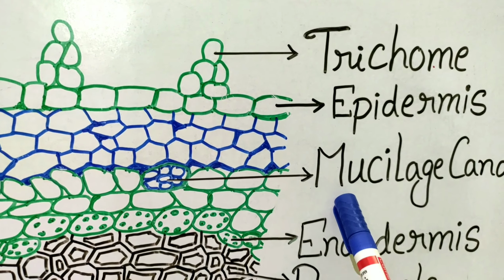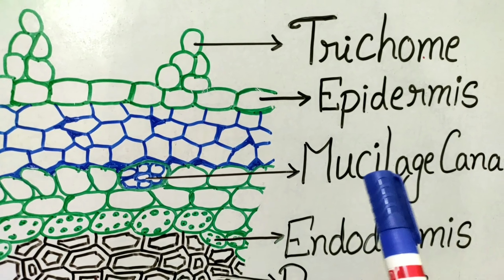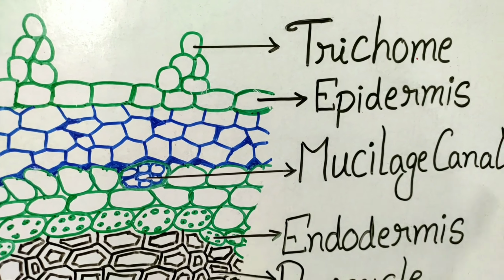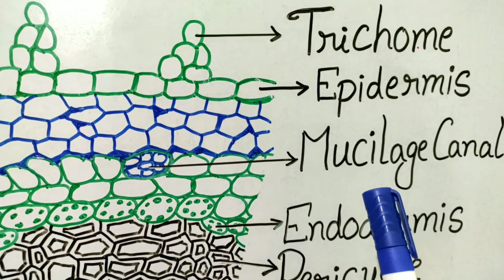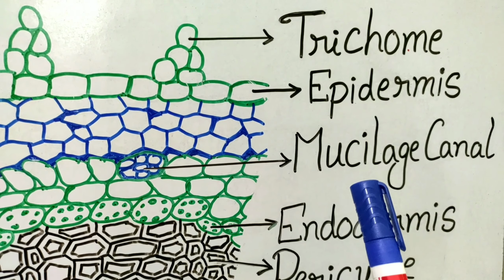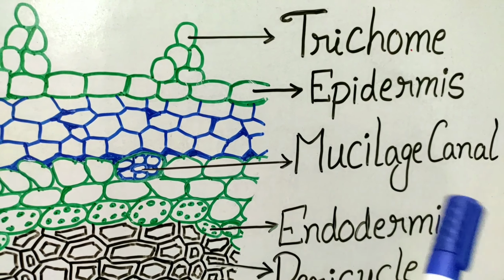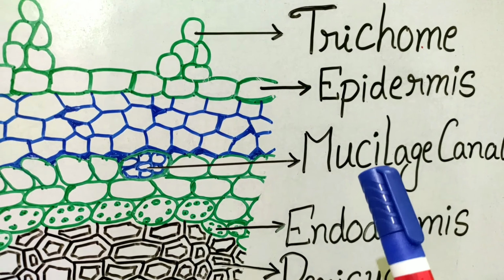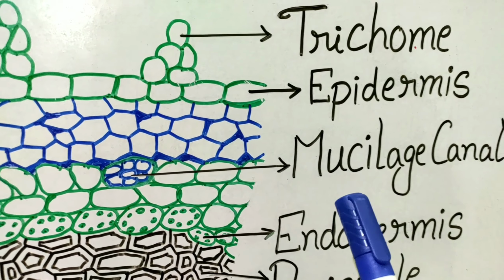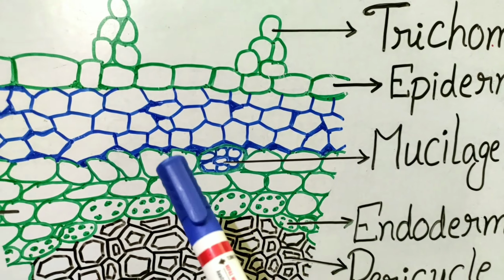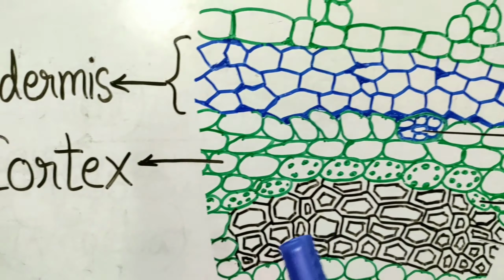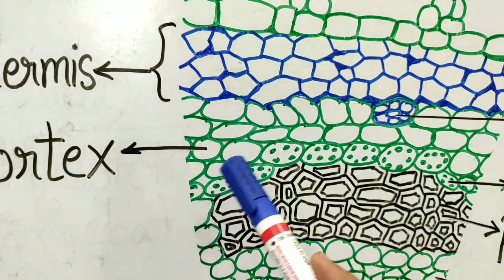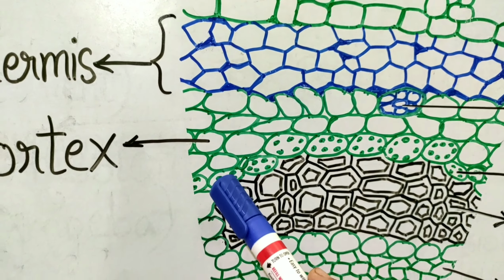For example, in the case of sandalwood, that is the tree, if you make a section, then a beautiful smell comes out, isn't it? Those contain some kind of oil, having some perfume in it. So different types of modifications of the cortical cells are found in case of dicot stem. Next, you can see that some of these cortical cells are granulated.